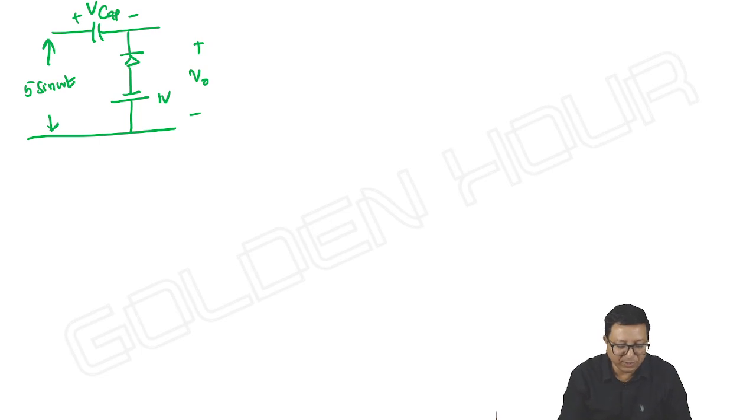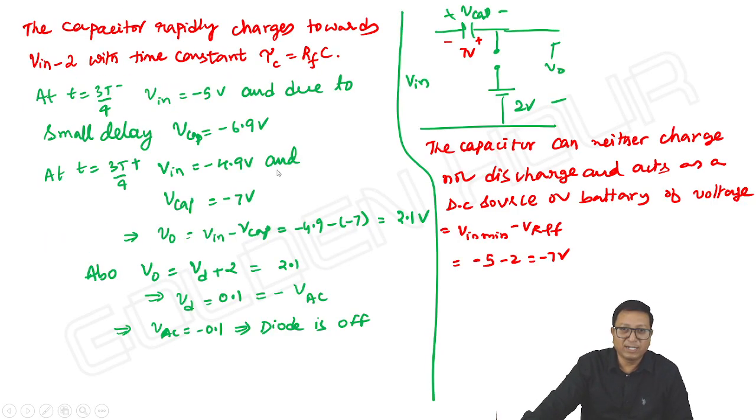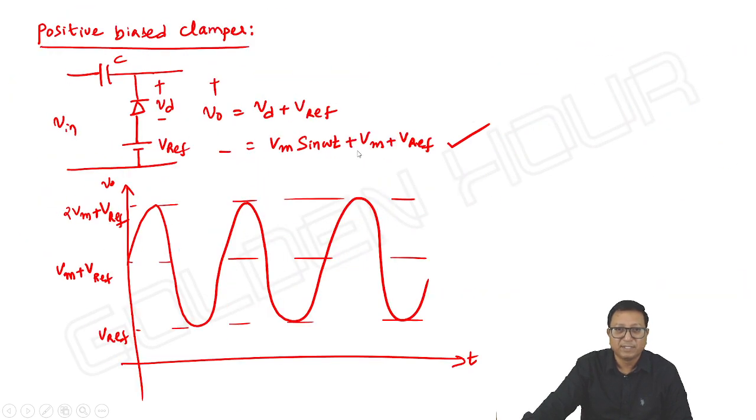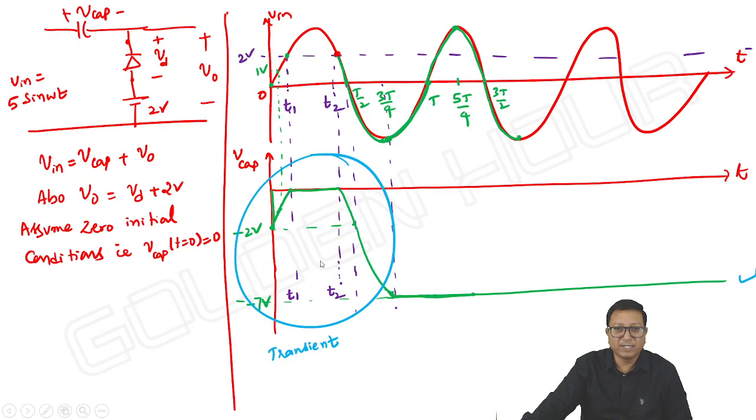So for the diode to conduct, input should be less than minus 1. Earlier I analyzed the circuit with respect to plus 2 volts. Instead of writing everything with respect to taking this line as plus 2, we should take minus 1. That's it. If input is less than minus 1, then the diode will conduct.